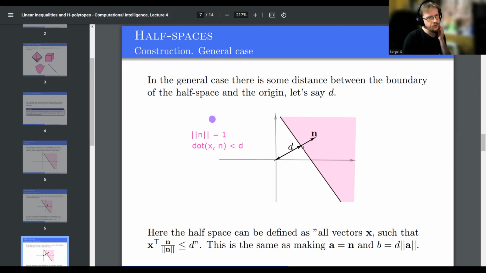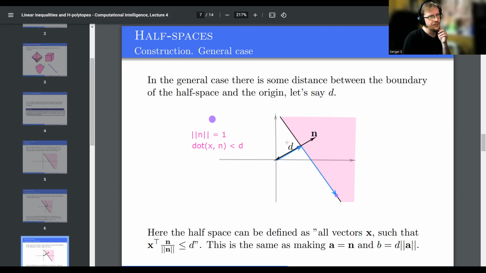Where does this come from? Well, let's look at the points here again. The points here, how do you define them? Well, let's define just one, like this point, for example. It is a sum of two vectors. One vector is this vector. Another one is this vector.